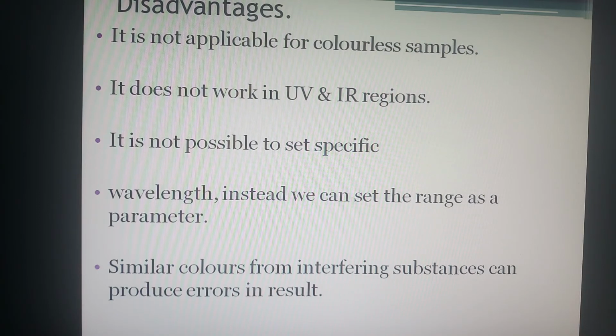It is not possible to set a specific wavelength; whatever lambda max we set is the standard parameter, but instead of the exact wavelength, we have to set a range of wavelength as the parameter. Also, similar colors from interfering substances can produce errors, that is, deviation from the actual results.